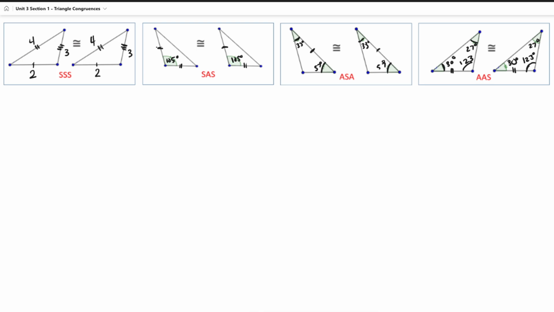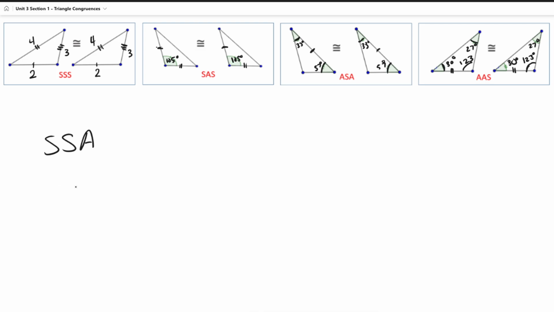Now, let's talk about one rule that you may not see on here, and it is going to be side, side, angle.